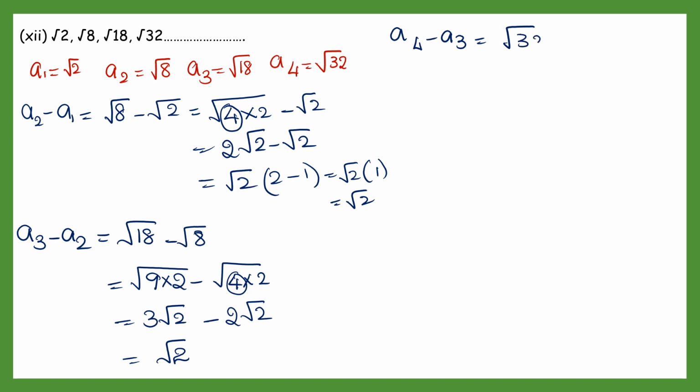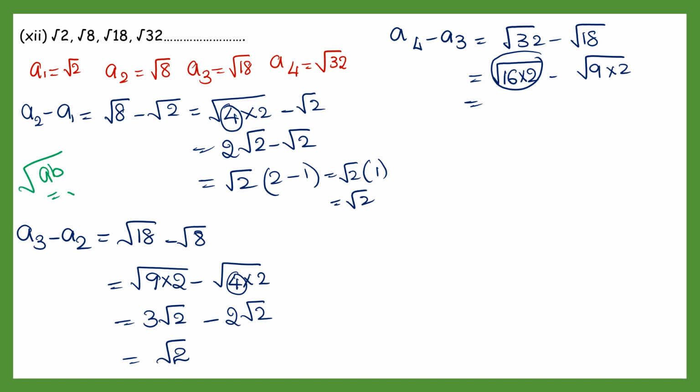Now, let's find the difference between the fourth term and the third term. Root 32 minus root 18. Root 32 can be written as what? Root of 16 into 2. Here root of 9 into 2. This you all know, right? We can write root of A into B as root A into root B. So, root of 16 into 2 is nothing but root 16 into root 2.